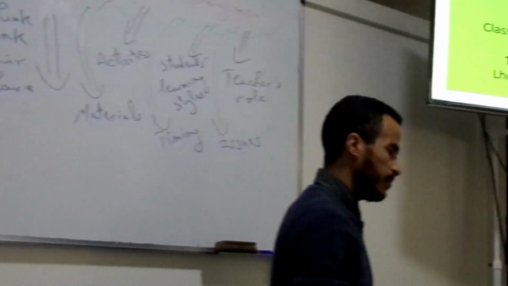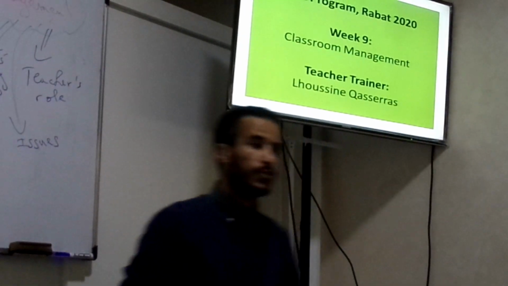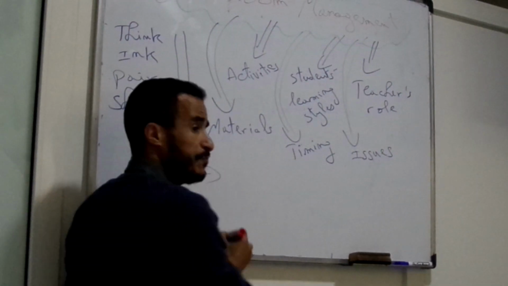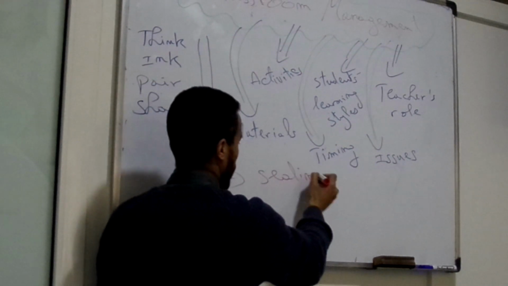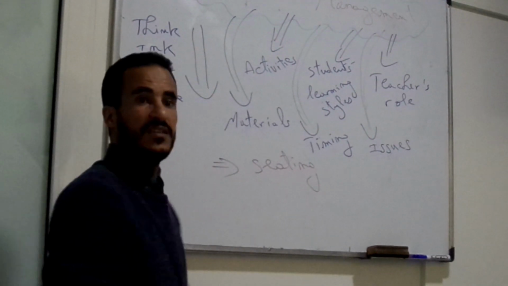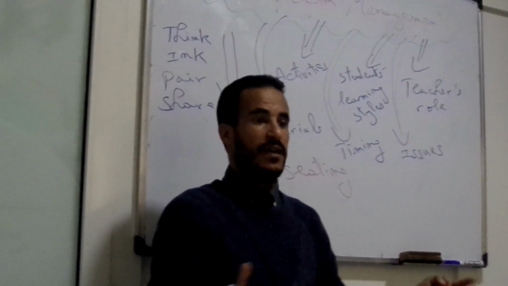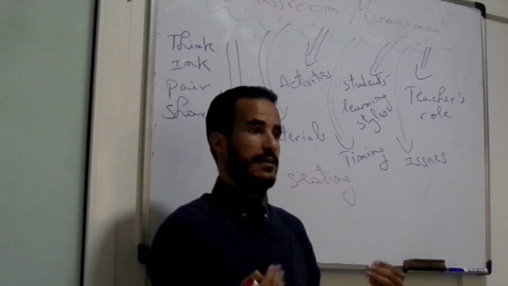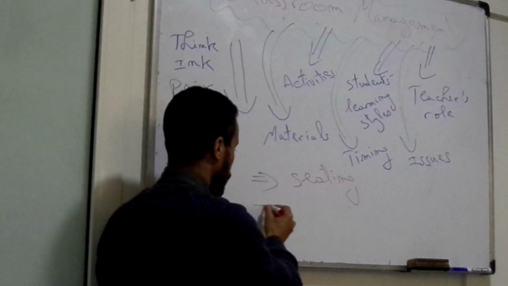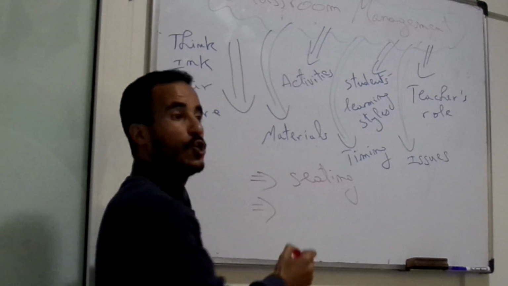Good. These are interesting points to discuss when we talk about classroom management. We can also, more importantly, talk about seating. Seating arrangement. Round circle, face to face, etc. Okay? The way of organization. The way of? Organization. Good.